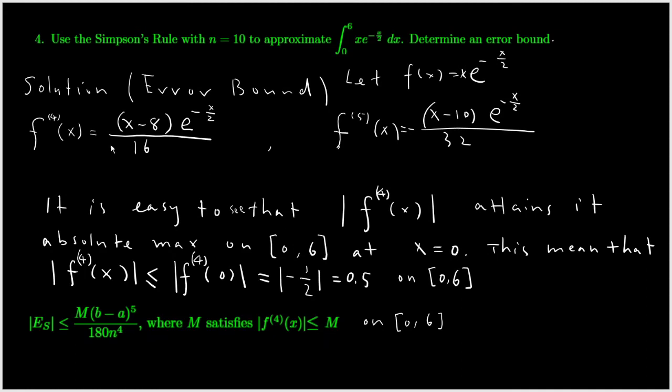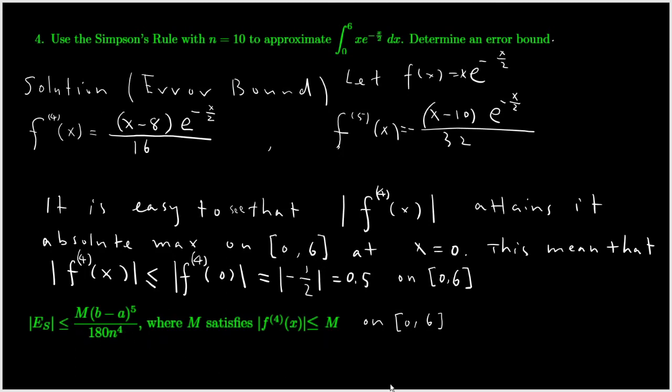The value of this function at x equal to 0 is negative 1/2. So this inequality is valid. We use the decimal form to estimate the error. By this we mean we can take m value to be 0.5.